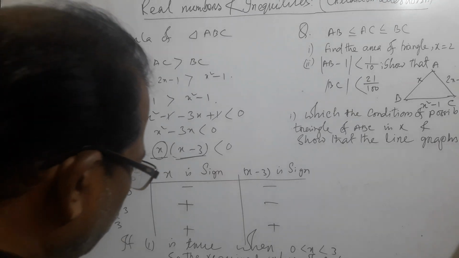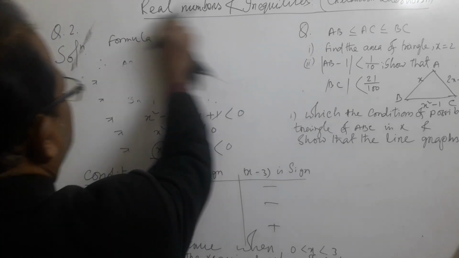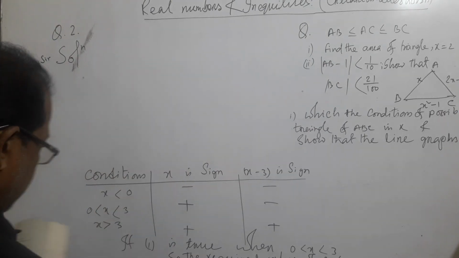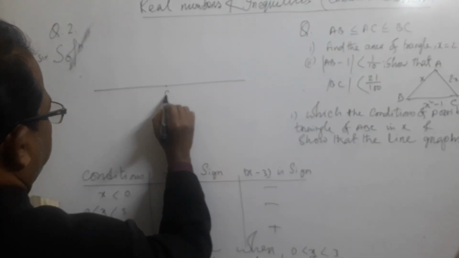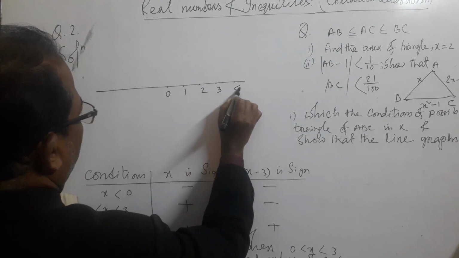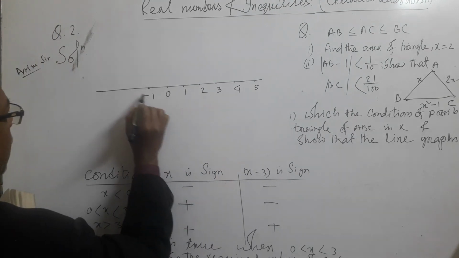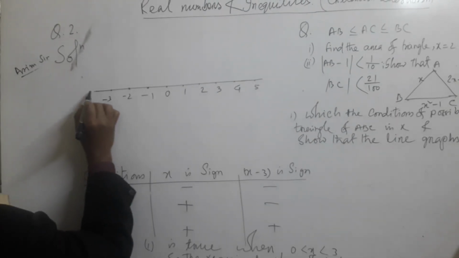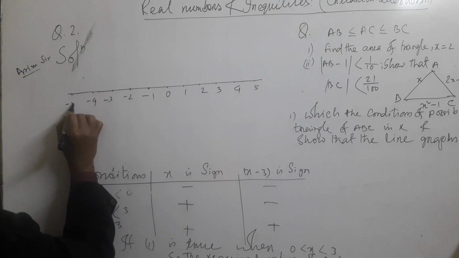And we have to show that on the lines. Lines means this is the line: 0, 1, 2, 3, 4 and 5, minus 1, minus 2, minus 3, minus 4 and minus 5.